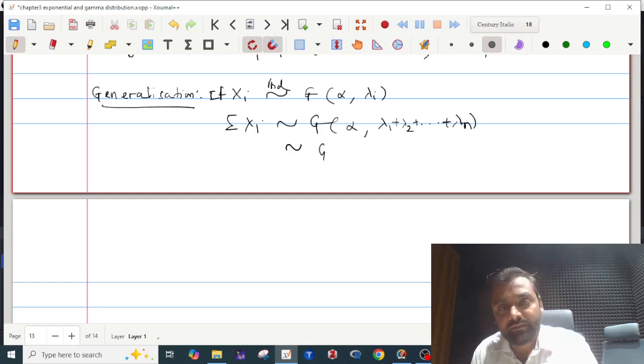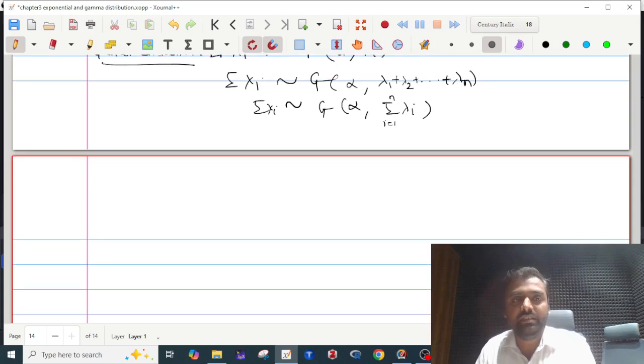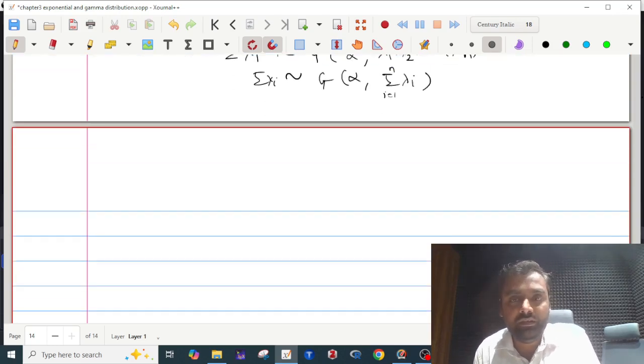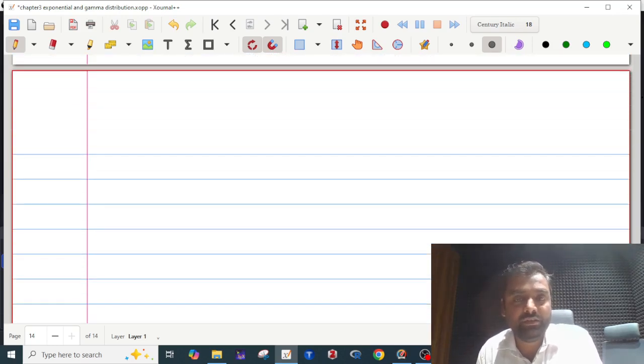That is, summation Xi follows gamma alpha, summation lambda i. That's it. This is the generalized additive property of gamma distribution.